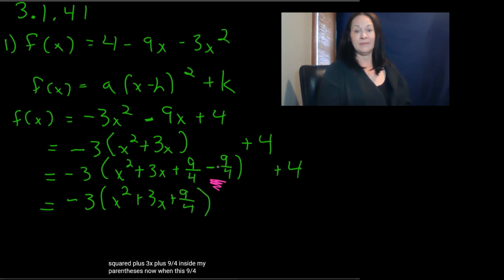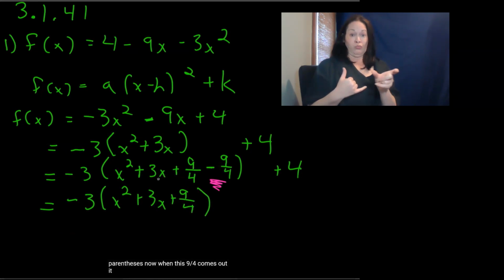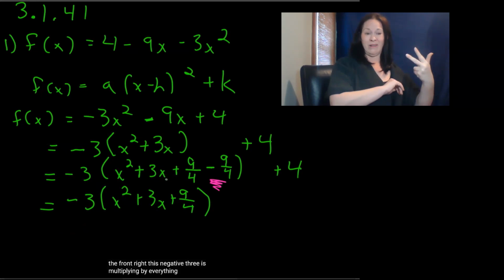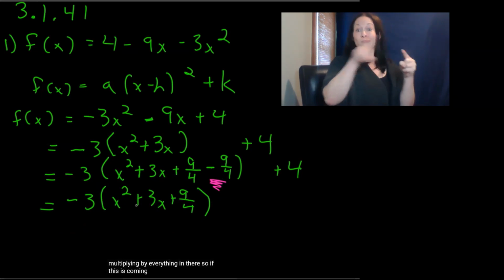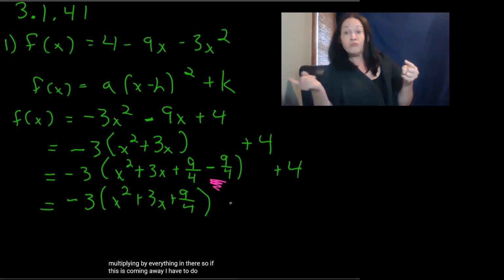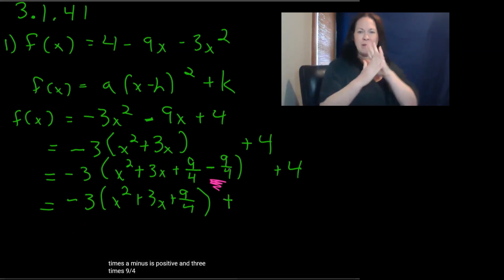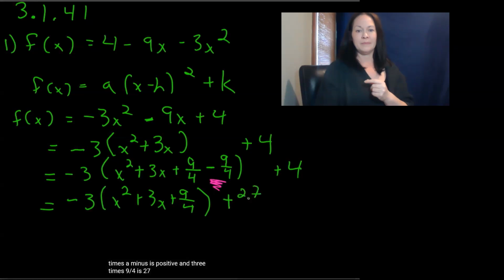Now when this 9/4 comes out, it has to go through this coefficient in front. Right? This negative 3 is multiplying by everything in there. So if this is coming away, I have a minus times a minus is positive, and 3 times 9/4 is 27/4.